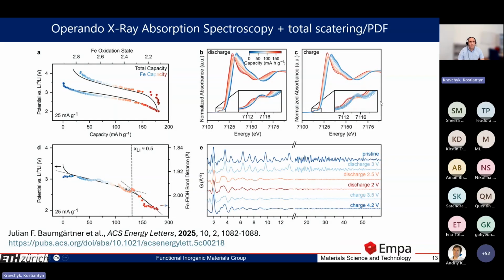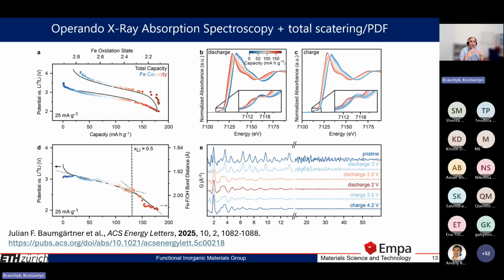By looking at the changes of the iron K-edge, you can determine the oxidation state of the iron if you do some specific modeling between iron compounds in 2+ and 3+ oxidation states.